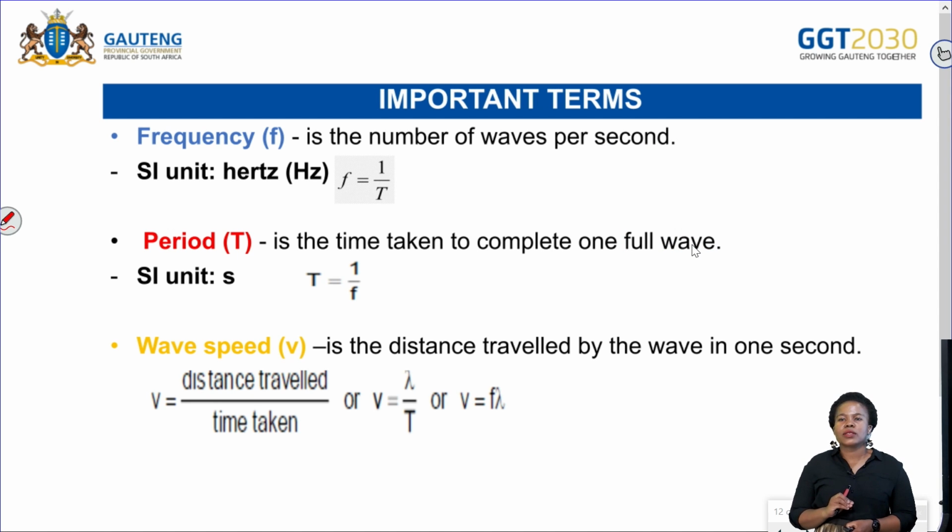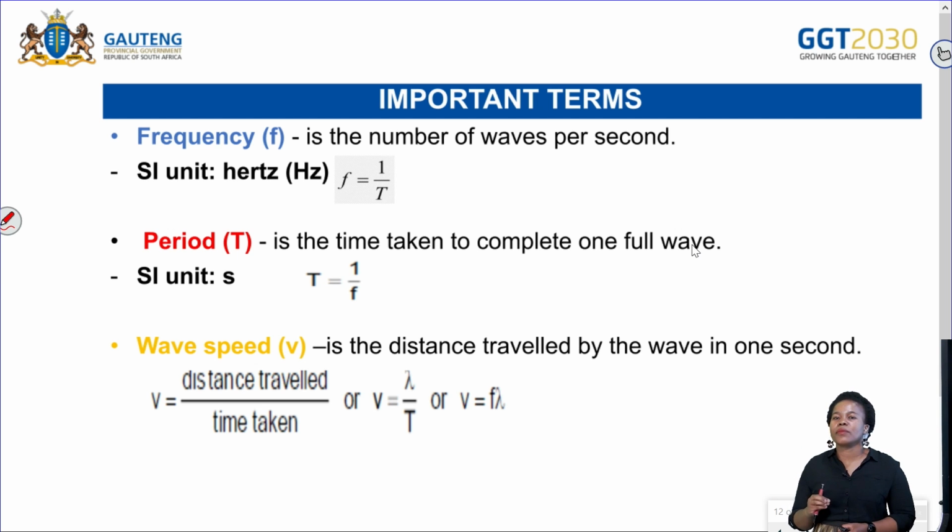Also, with regards to the important terms, we want to take a look at frequency. What is frequency? Frequency is the number of waves that pass through a certain point in 1 second. How many waves passed through in 1 second?